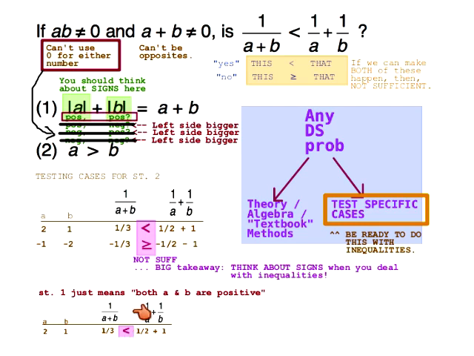One thing you definitely don't have to try is numbers like 1 and 2, because these are symmetrical expressions. If this is A plus B, and this is 1 over A plus 1 over B, then switching A and B won't do anything. If you plug in 1 and 2, you'll get the same result that you would from 2 and 1.